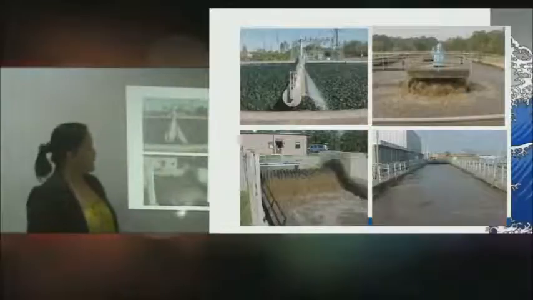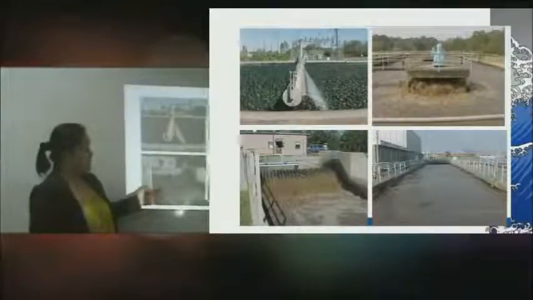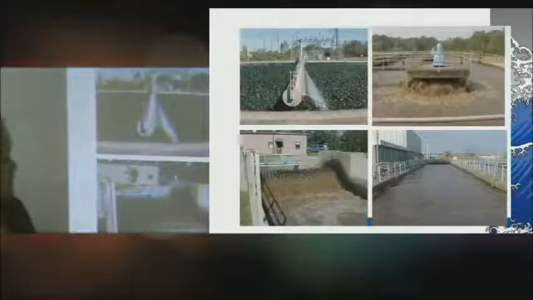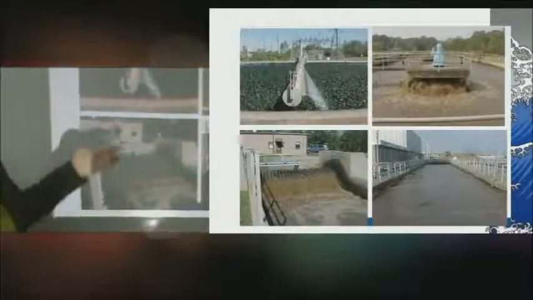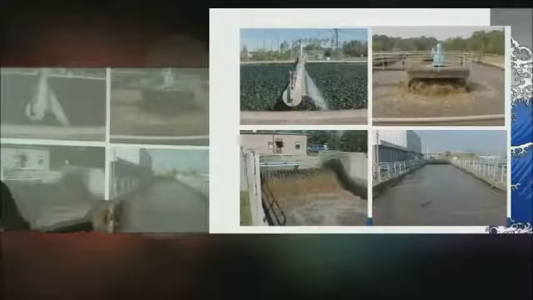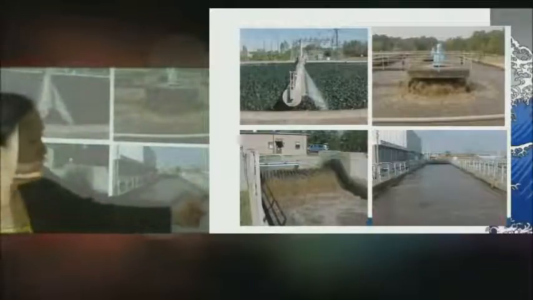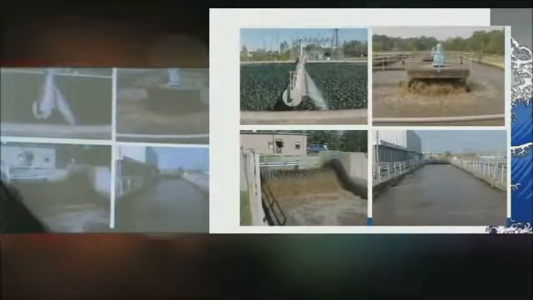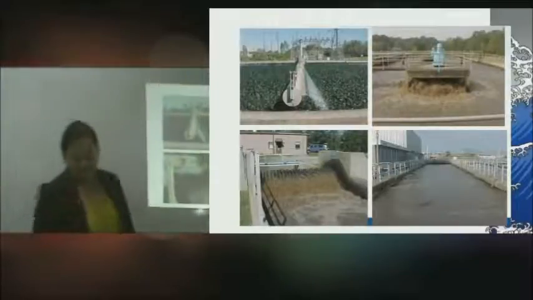So we call it a trickling filter. This is an example of a trickling filter, but this time it's moving the other way around. This is another example of aeration. You notice this aeration is on top, but this one is being aerated through bubble diffusers on the side and also an aerator submerged at the bottom of the aeration pond.